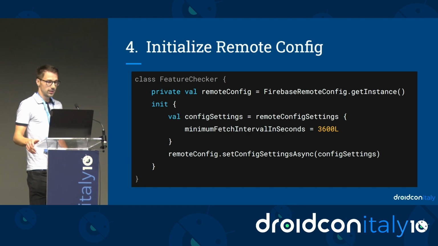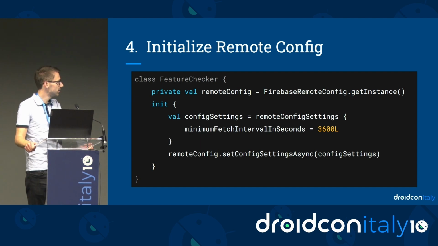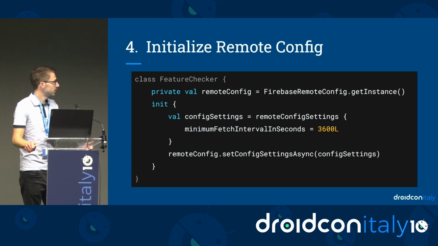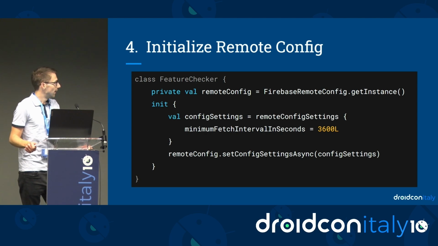There's a good Kotlin DSL available, so instead of having to go through builder patterns, you can just use the remote config settings builder, and what we are doing here is setting the minimum fetch interval in seconds. So this means that Firebase will try to fetch new values every hour.